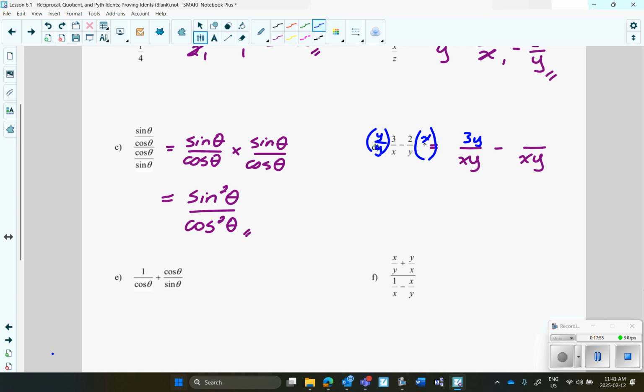X. So y times x is xy, 2 times x is 2x. And then just to finish the question, since they have common denominators now, I could write one single fraction, but I can't combine 3y minus 2x. They're not like terms. So that's the furthest I can go.